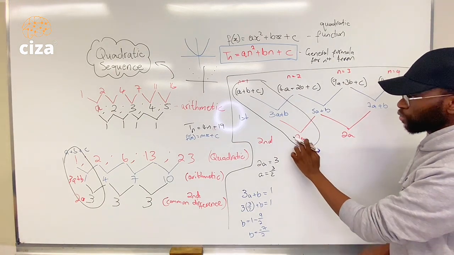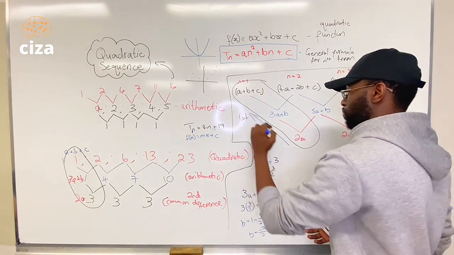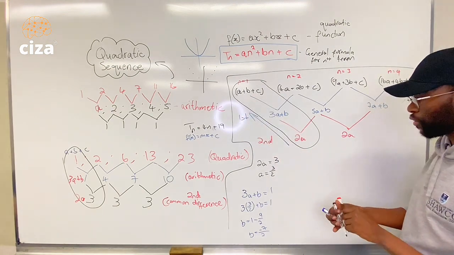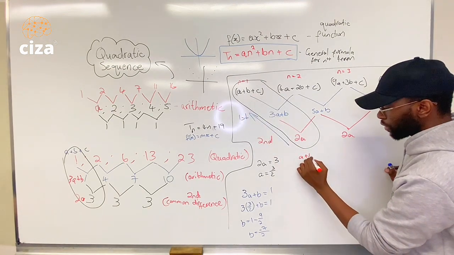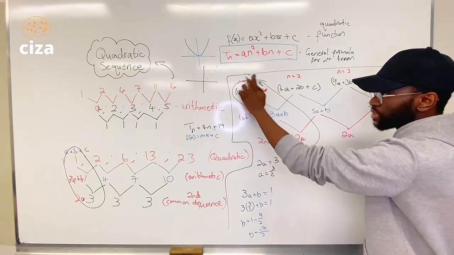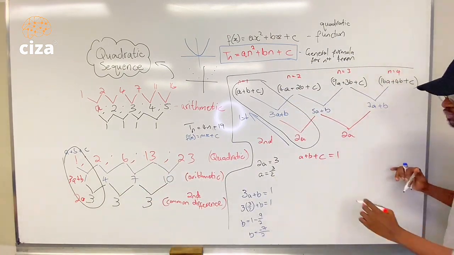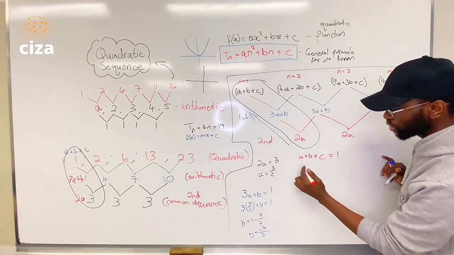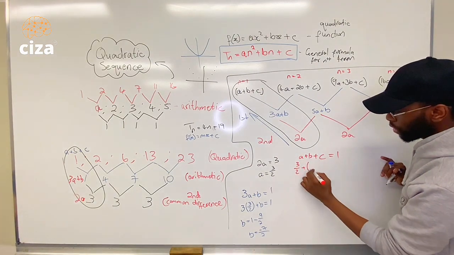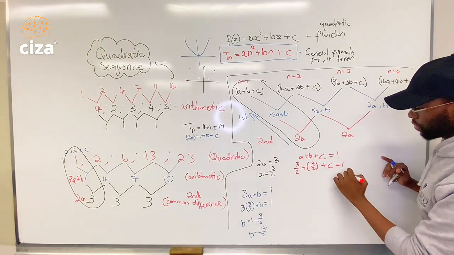Now, we start here, we come here in this direction. We start here, we come here, and then we end up there saying, okay, what about a plus b plus c? Our first term of the quadratic sequence is given by 1 also. Now we already have the value of a, which is 3 over 2, plus b, the value of b, minus 7 over 2, plus c.